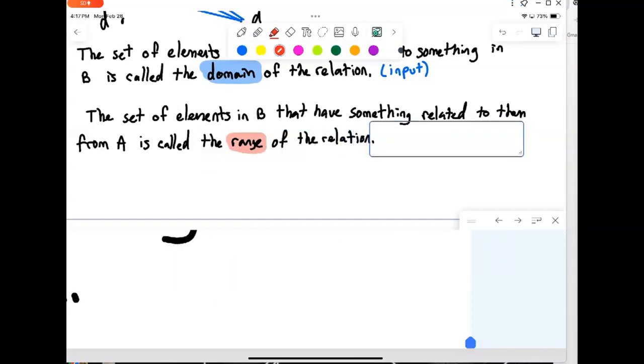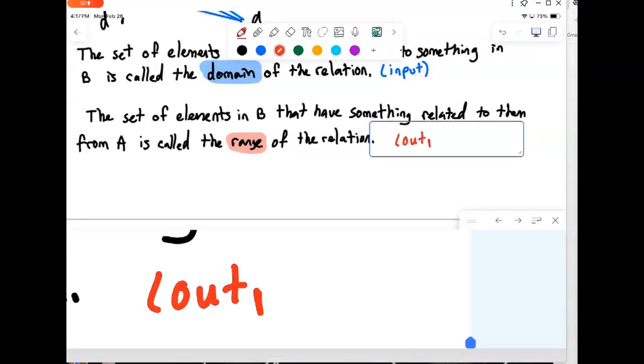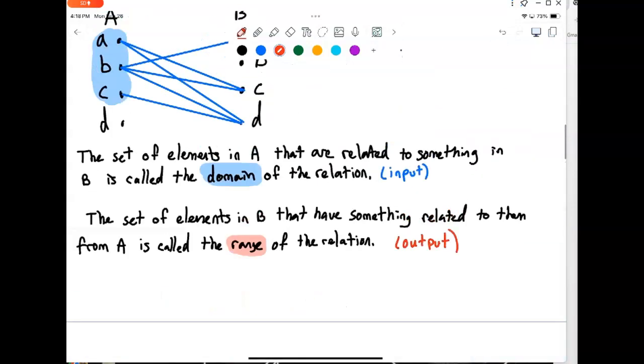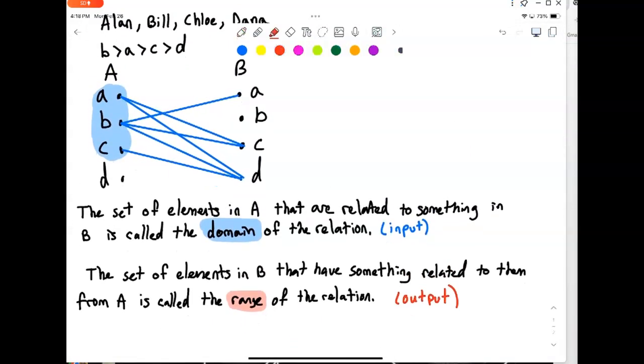So think of this as kind of the output. Once we put something into the relation, the stuff in B is the stuff that the relation is spitting out. That's our output. So if we go back up to this problem here, the output is objects A, C, and D. B did not have anything related to it, and so therefore B is not a part of the range for this relation.